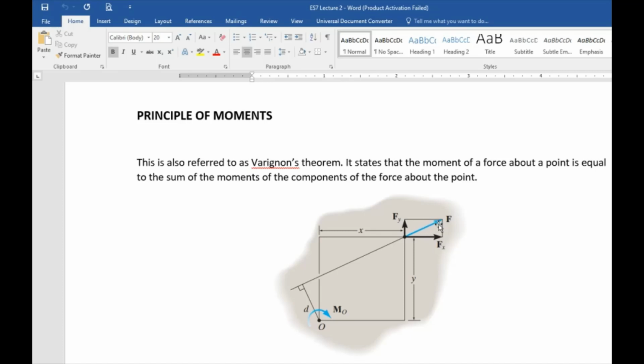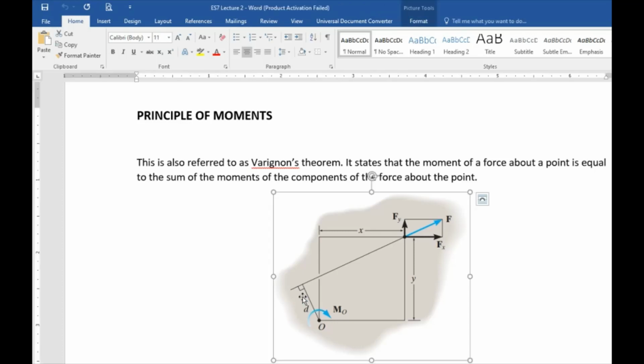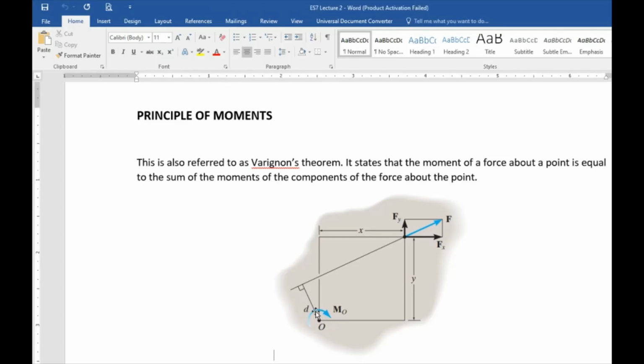So if we extend this line parallel to the force, we will find this to be the moment arm. So, this D.